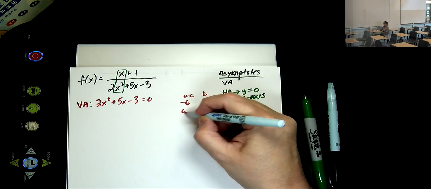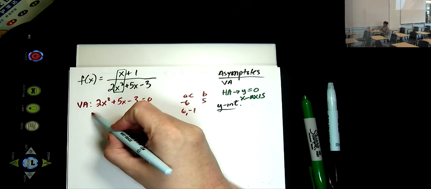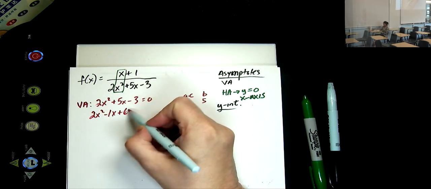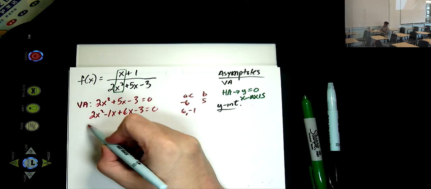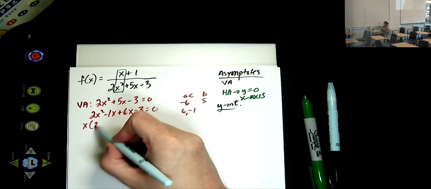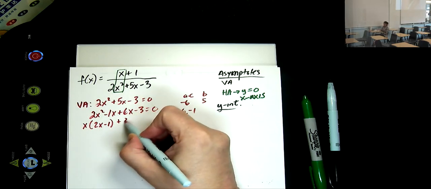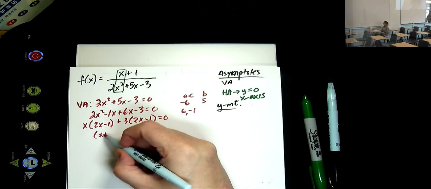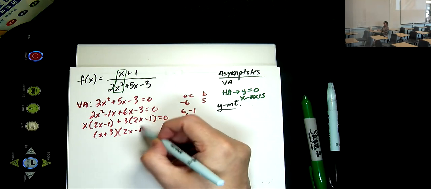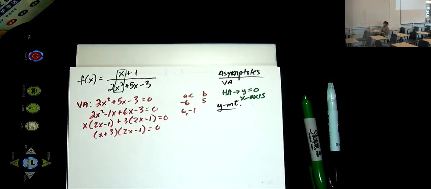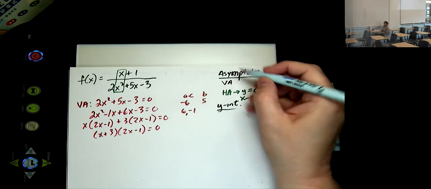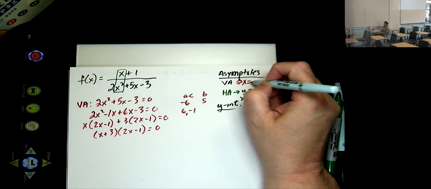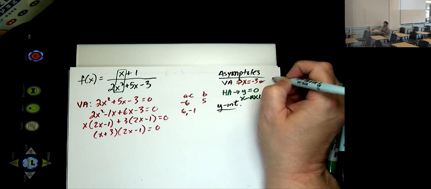This looks like 6 and -1. It looks like we have a vertical asymptote when x equals -3 or 1/2.